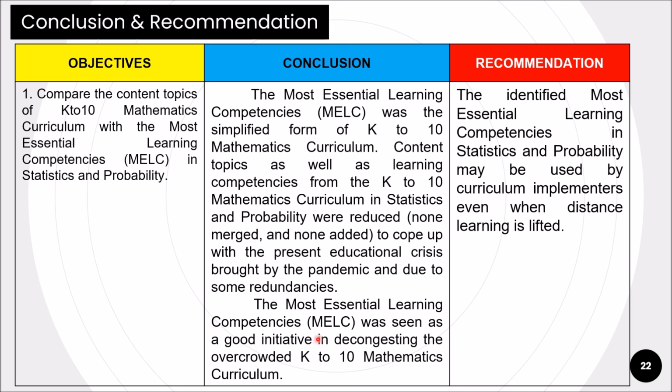The most essential learning competencies was seen as a good initiative in decongesting the overcrowded K-10 mathematics curriculum. As per recommendation, the identified most essential learning competencies in probability and statistics may be used by curriculum implementers even when distance learning is lifted.